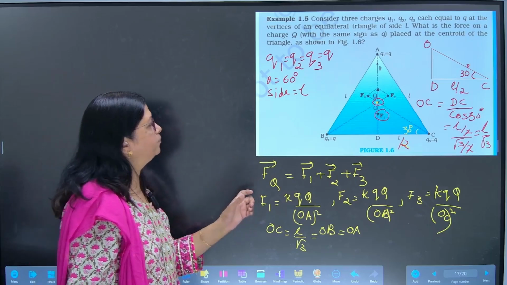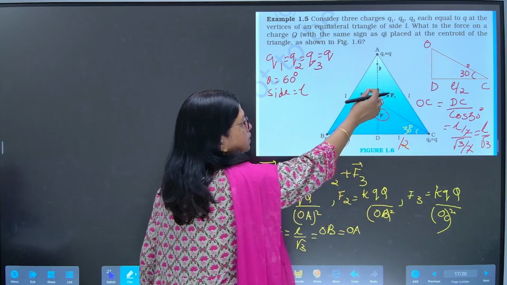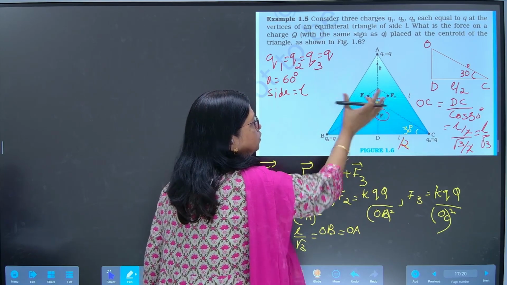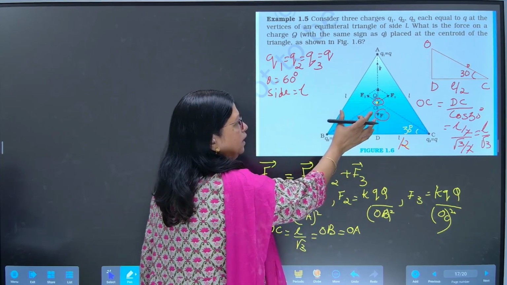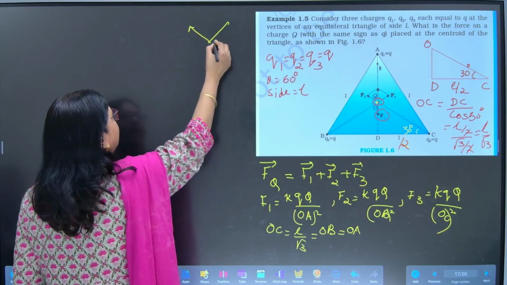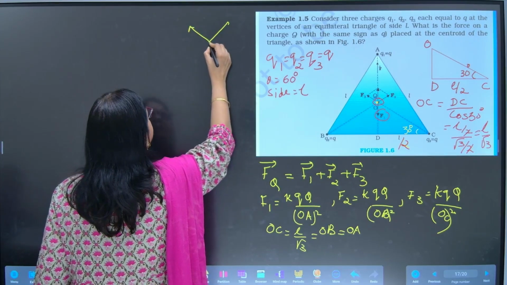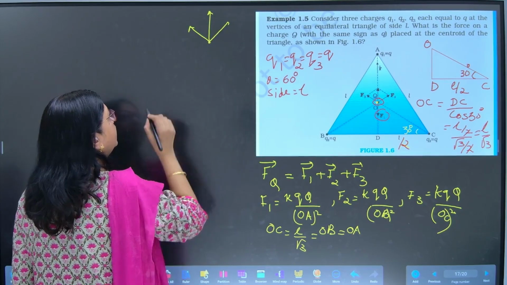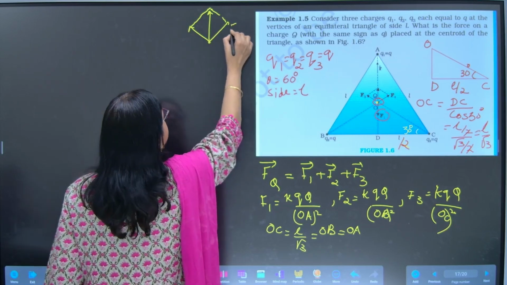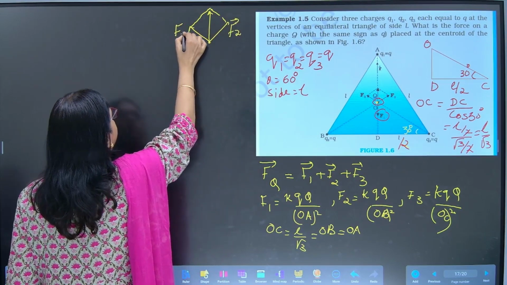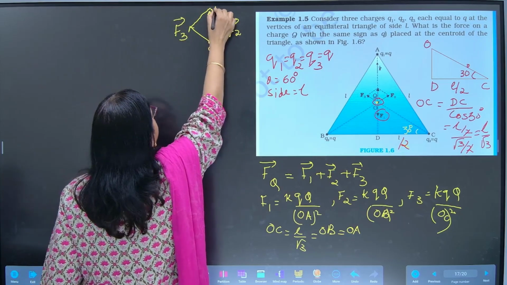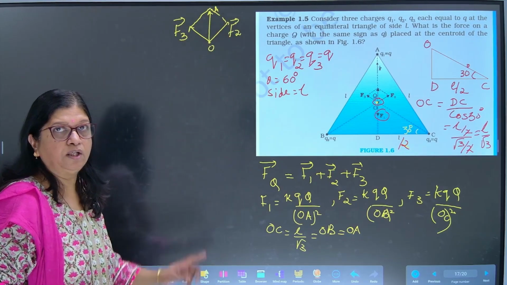Now let us add the forces on the charge q placed at the centroid vectorially. Let us consider these two vectors F2 and F3 as two sides of a parallelogram such that their resultant is the diagonal. Let us complete this parallelogram such that the resultant of these two forces is the diagonal passing through the vertex of these two forces.